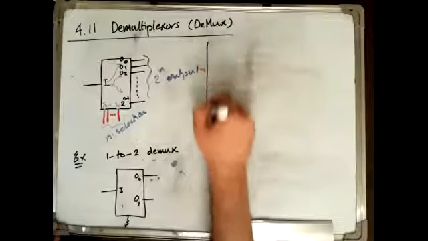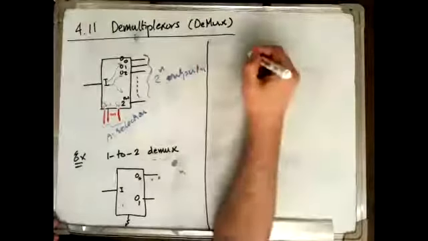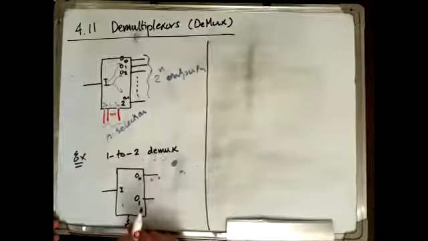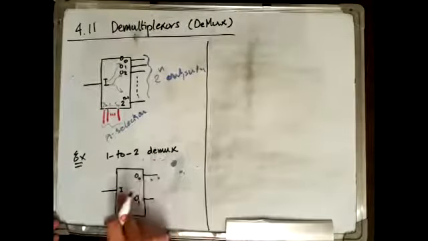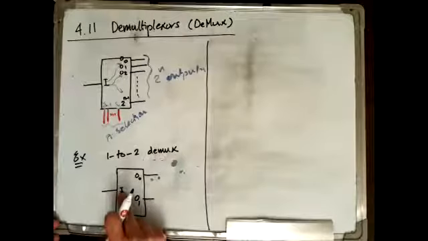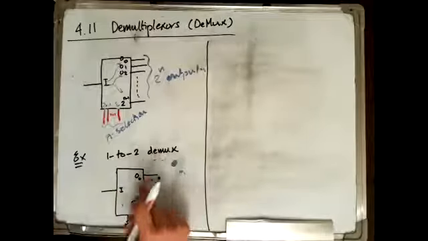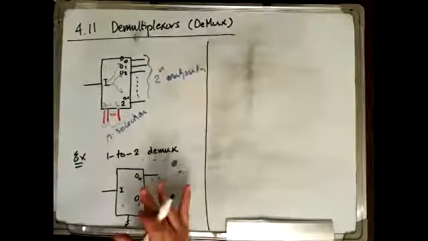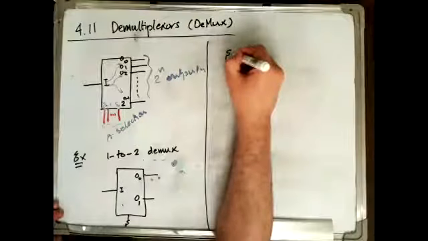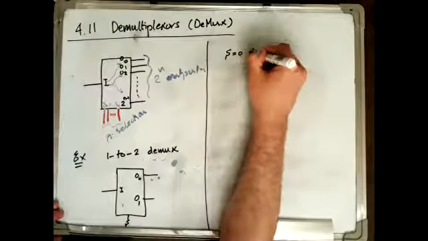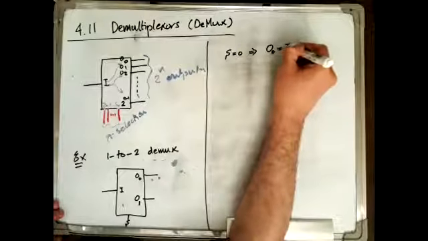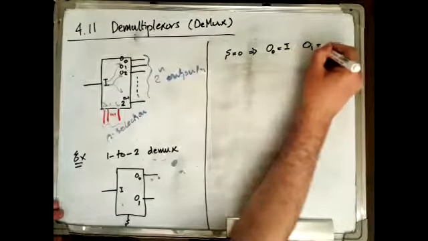And how does this circuit work? Basically, if S equals 0, then output 0 is I. If S equals 1, then output 1 is I. And in this case, of course, the other output has to be fixed to some value, either 0 or 1. So if S equals 0, the operation of the circuit is that output 0 is the input, while output 1 is, for example, 0.